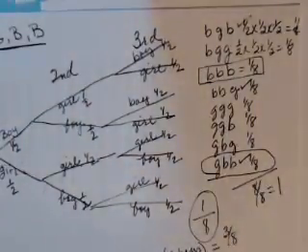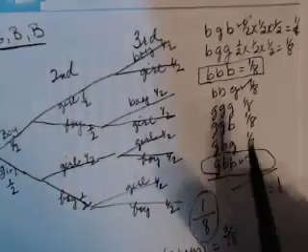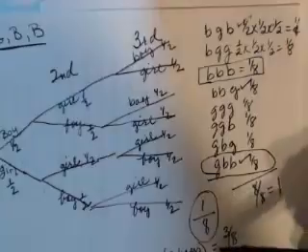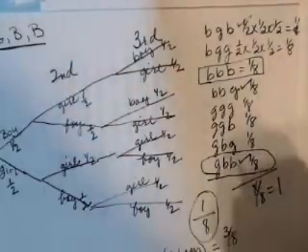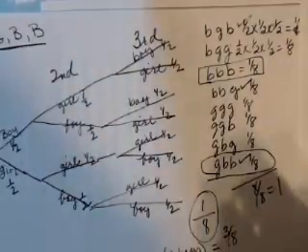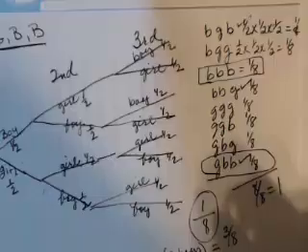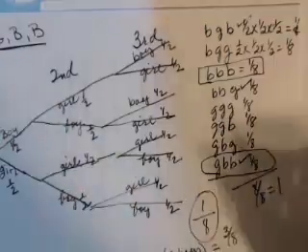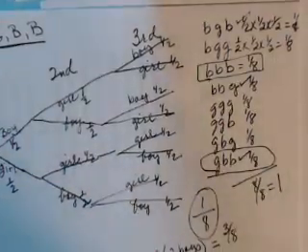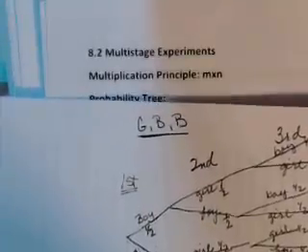And so the probability that you have all 3 boys would be different than the probability of 2 boys. So that's how you make a probability tree.